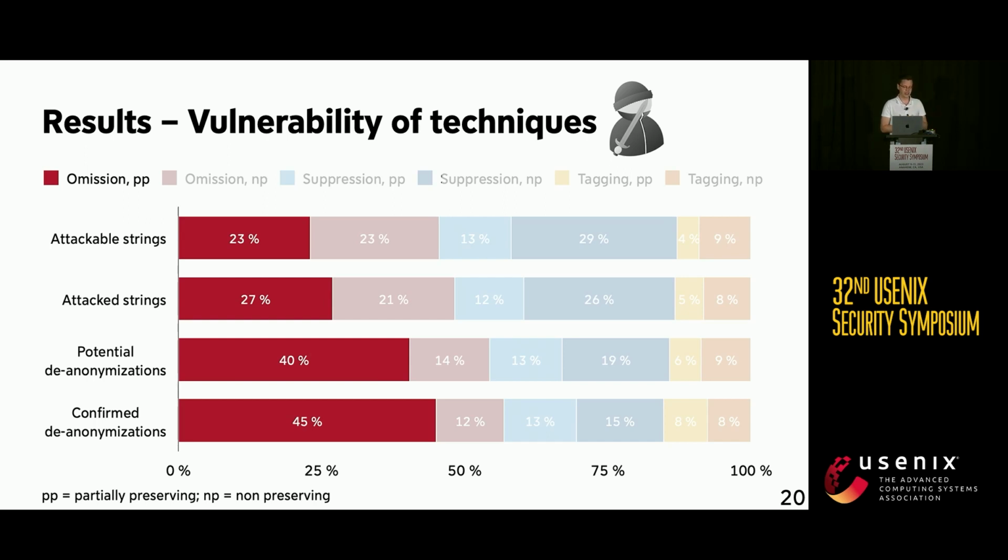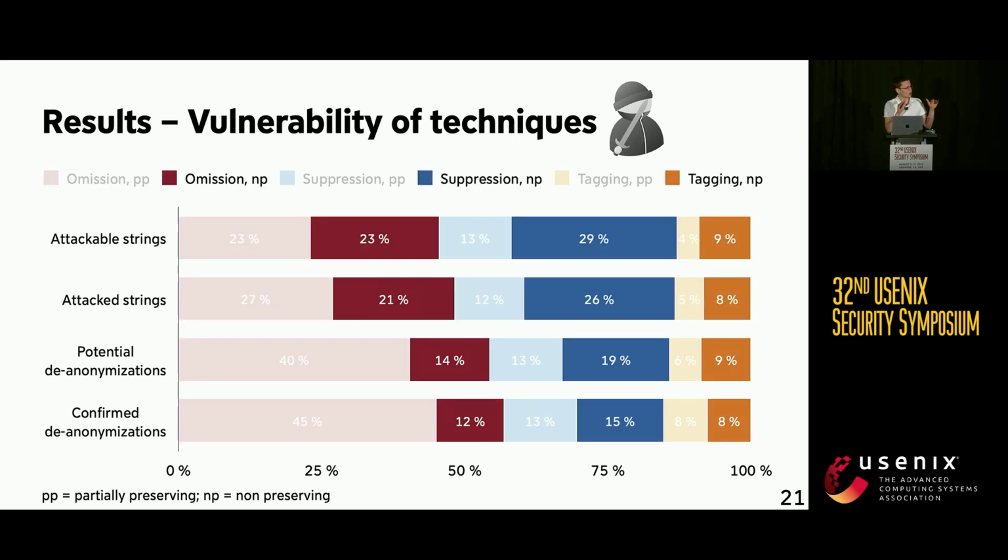While we see here that it was roughly 1/4 of all attackable strings, the initials were 40% of the potential de-anonymizations and even 45% of the confirmed de-anonymizations. If we move to the non-preserving counterparts of the techniques, we see that they outperform their preserving ones, because you can see this the most clear at omission and suppression non-preserving, because there the share of the attackable strings down to the confirmed de-anonymization almost halves.